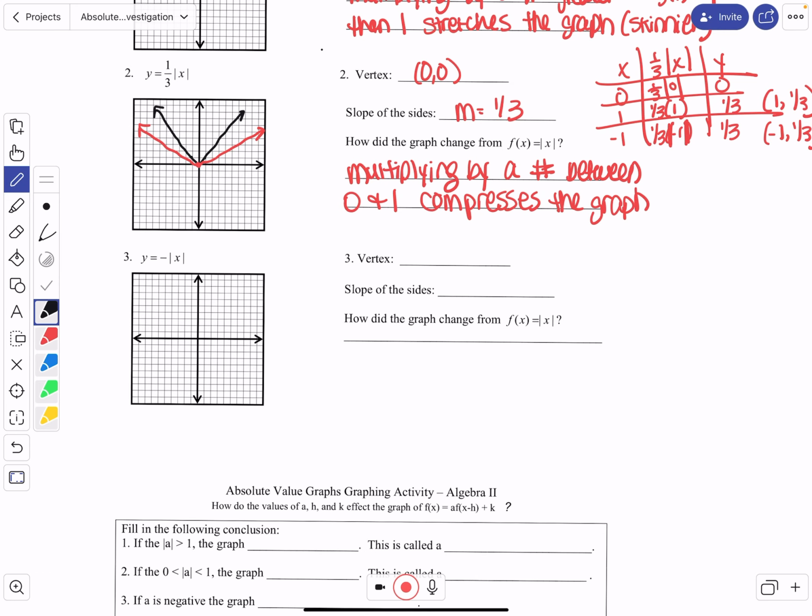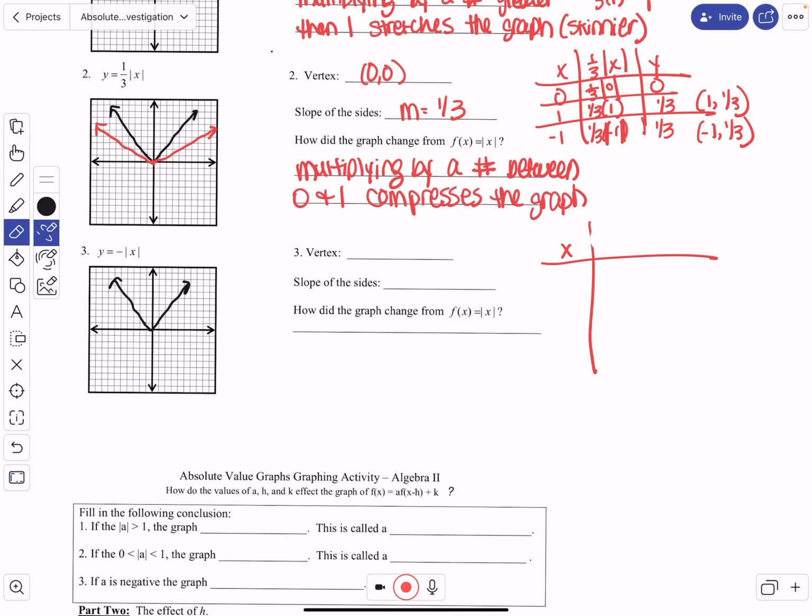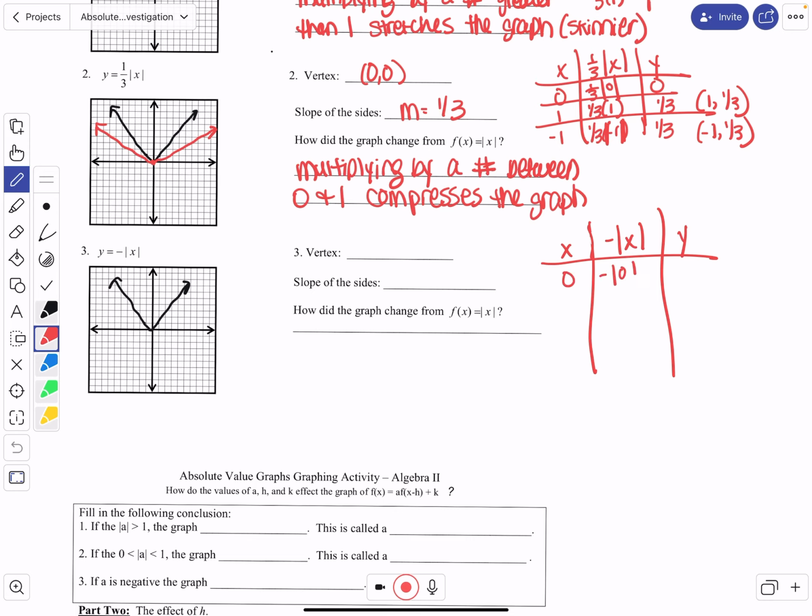Okay, so if we plot our original graph here, and if we set up our table, oops, I'm just thinking of my last problem. So now I have negative absolute value of x and y. So if I plug in 0, of course you can't make 0 negative, so that's just going to be 0, 0.